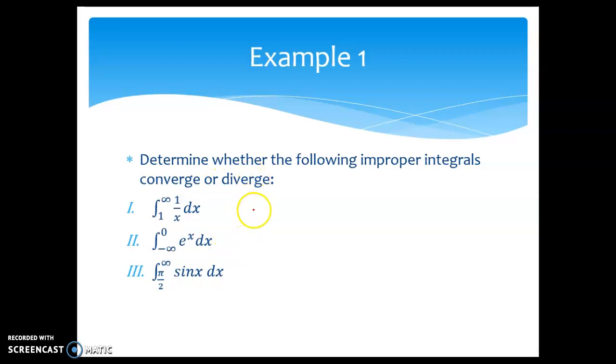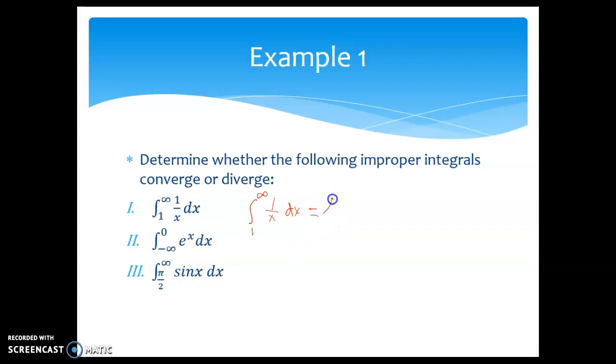So let's first attack problem number 1. I have the integral from 1 to positive infinity of 1 over x dx. Now I'm going to change the limit of my integration to make it possible for me to integrate.